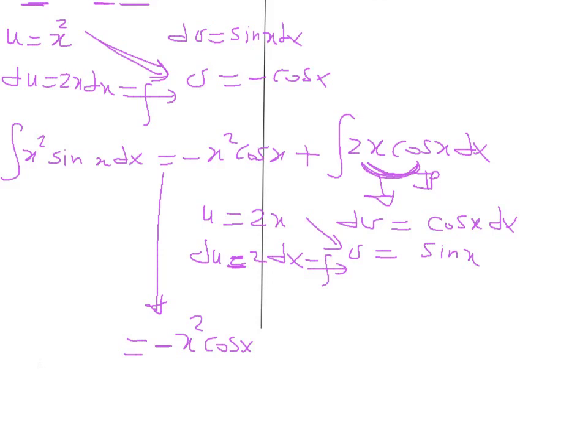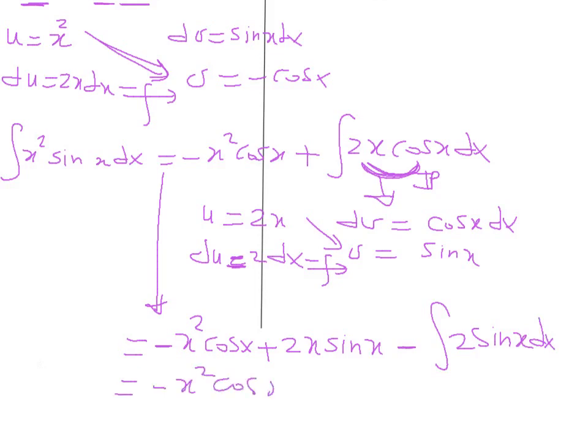So it's equal to plus 2x sine x minus integration of 2 sine x dx, which is equal to minus x squared cosine x plus 2x sine x minus 2. Integration of sine is minus cosine, so this will become a plus cosine x plus c.